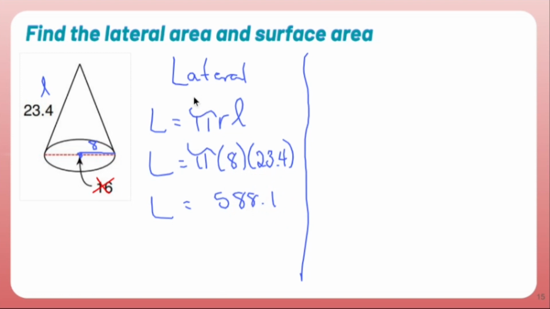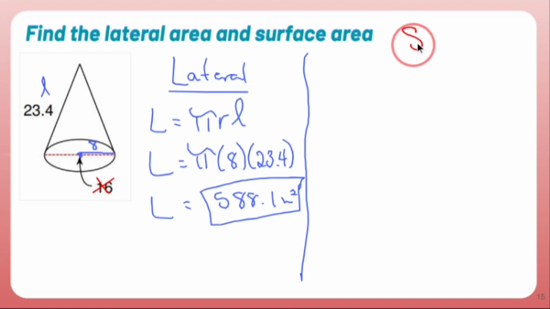Now, the difference between lateral area, oh, by the way, no units. So I'll put units squared. It just looks better, even though my handwriting on this problem is kind of sloppy. Now, the difference between lateral area and surface area is the lateral area only cares about the sides. The surface area includes the base. So don't be like, oh, let me look it up.